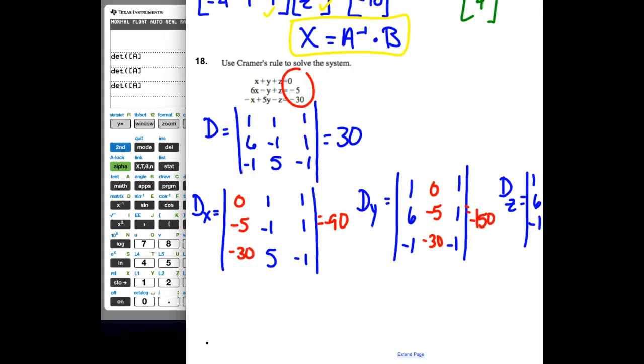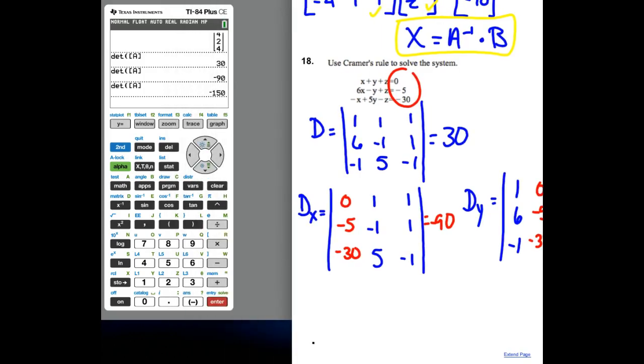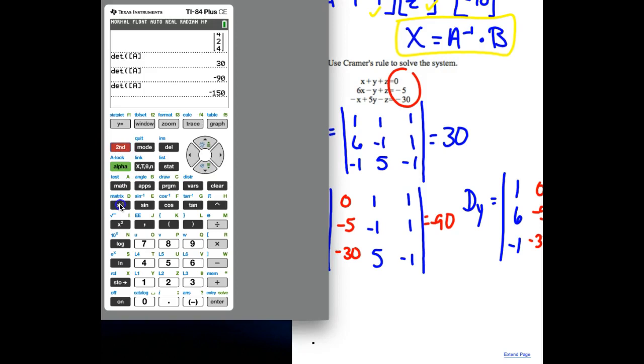All right, and I've got one more to do. Edit. We still have a 3 by 3. This time we want 1, 1, 0. Second row 6, negative 1, negative 5. And third row, negative 1, 5, negative 30. Find the determinant of that one, and we end up with 240.